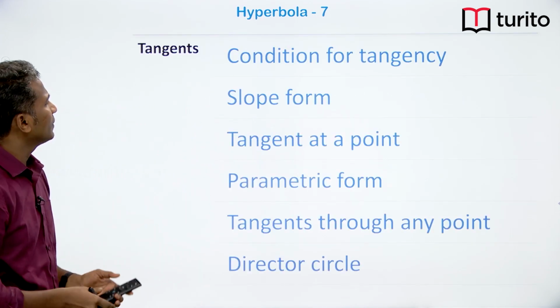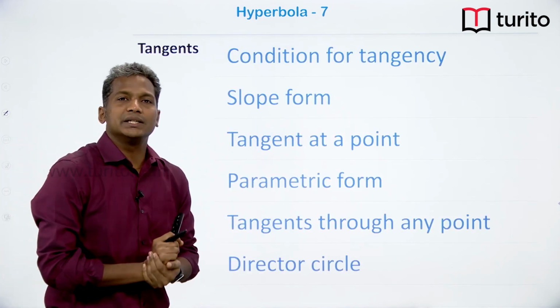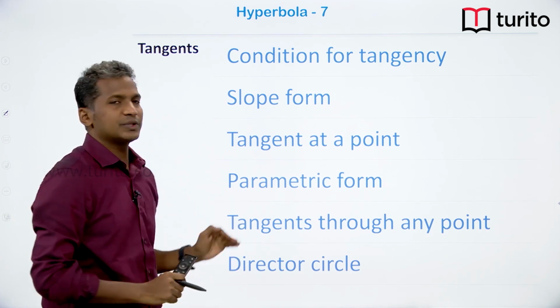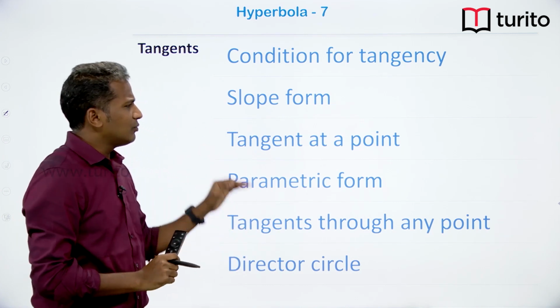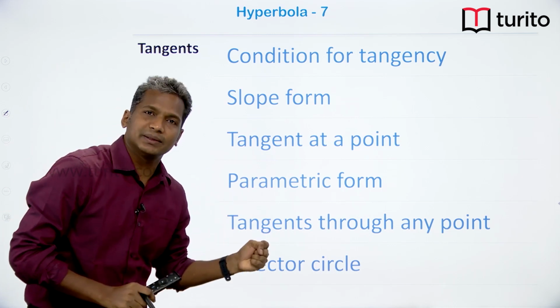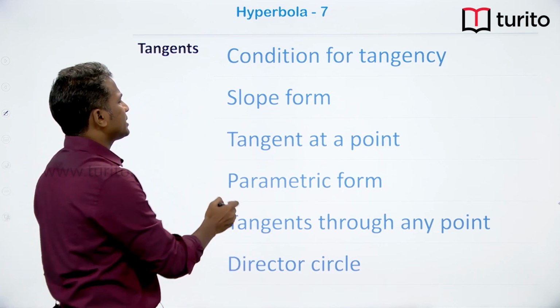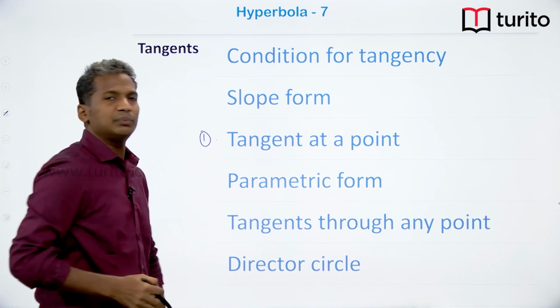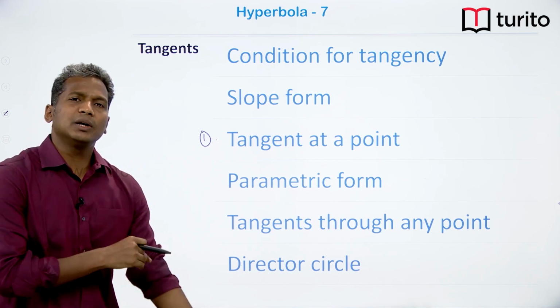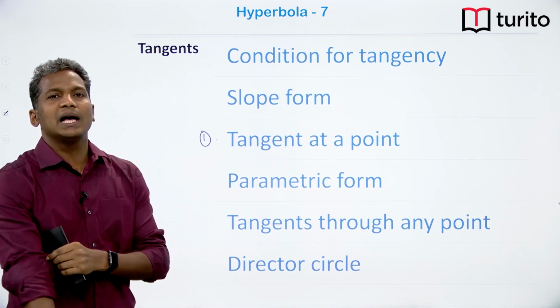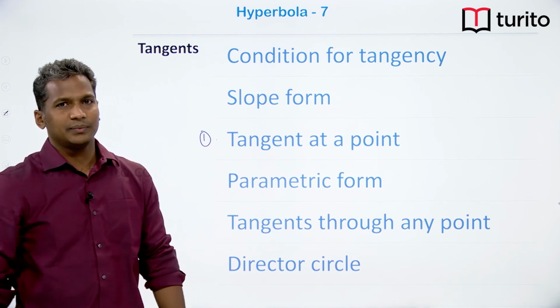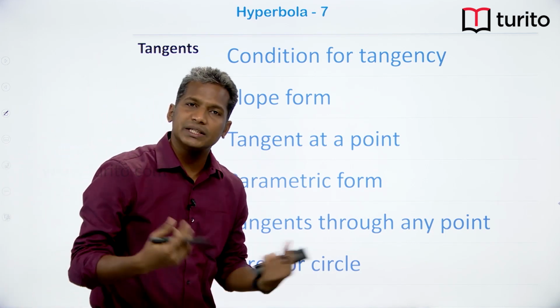Okay. Now when it comes to tangents, these are all the concepts of tangents. Now which point to start with? In tangents, we always start with the tangent at a point. So if the point is given to you as, let us say, x1 comma y1, how do you get the equation of tangent?